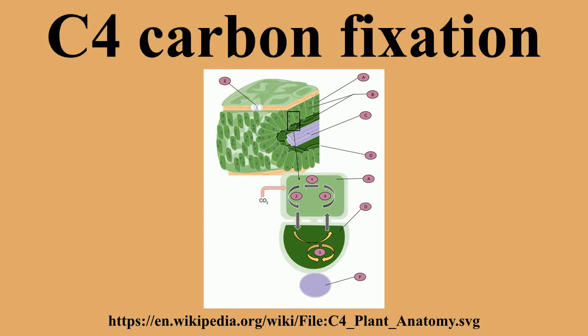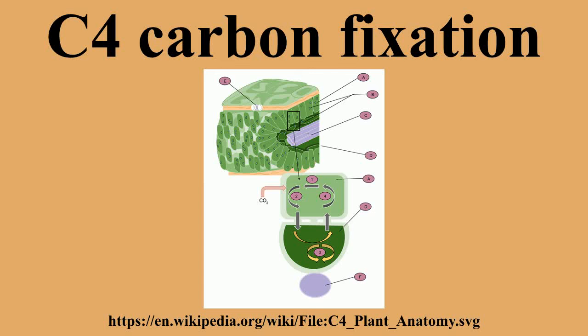The product is usually converted to malate, a simple organic compound, which is transported to the bundle sheath cells surrounding a nearby vein. Here, it is decarboxylated to produce CO2 and pyruvate. The CO2 now enters the Calvin cycle and the pyruvate is transported back to the mesophyll cell.